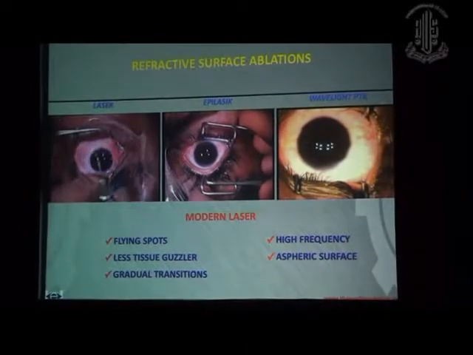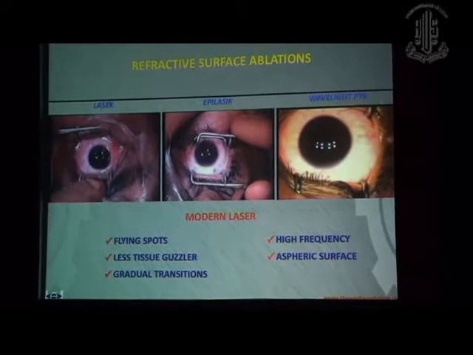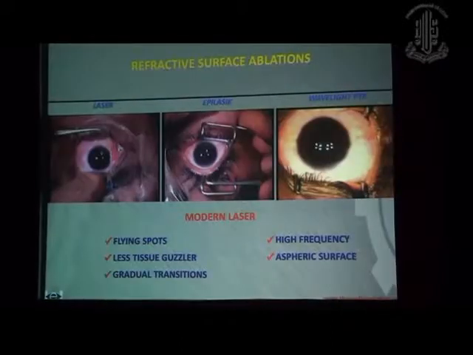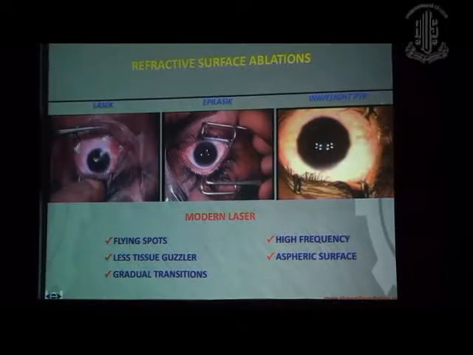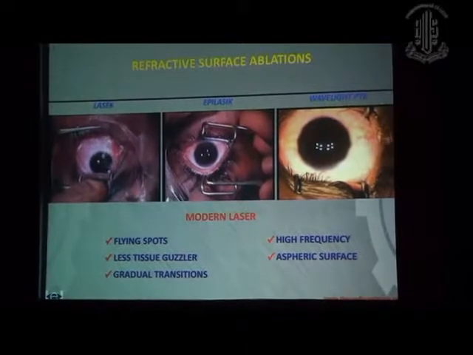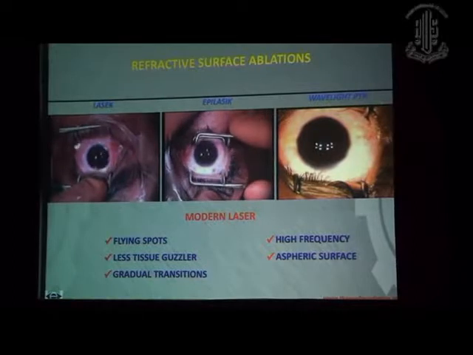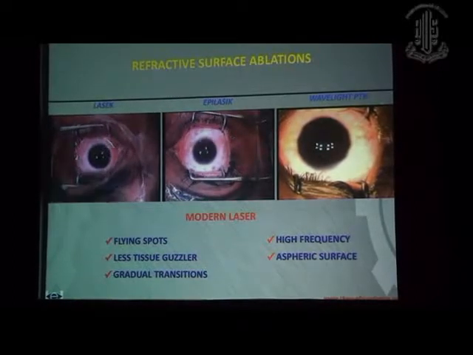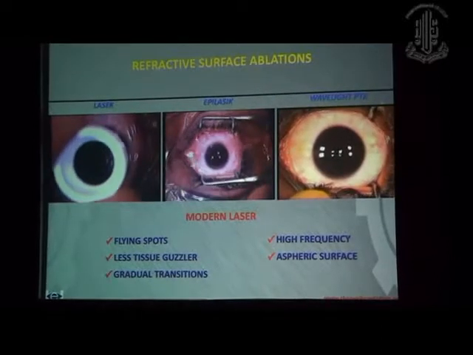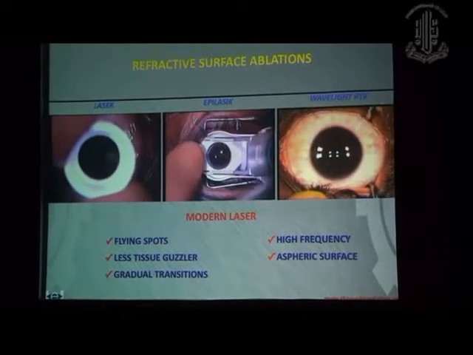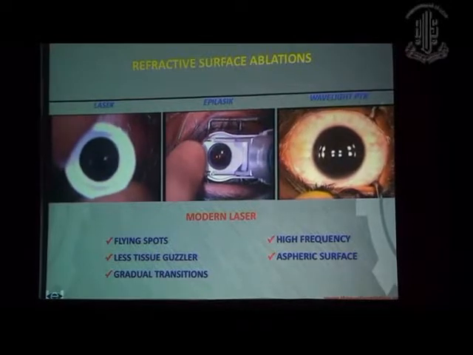Again, as far as the different modalities of treatment available with refractive surface ablation, one, you could do an alcohol LASEK, where you use 20% alcohol and expose it for 20 seconds, and the loosened epithelium gets lifted off. Or you can do an epi-LASIK, where you use a plastic separator to bring about a clear-cut separation between the basement membrane and the Bowman's membrane, and remove the flap and treat it.